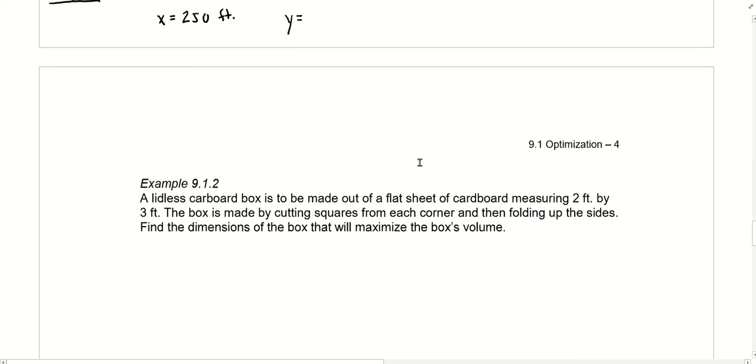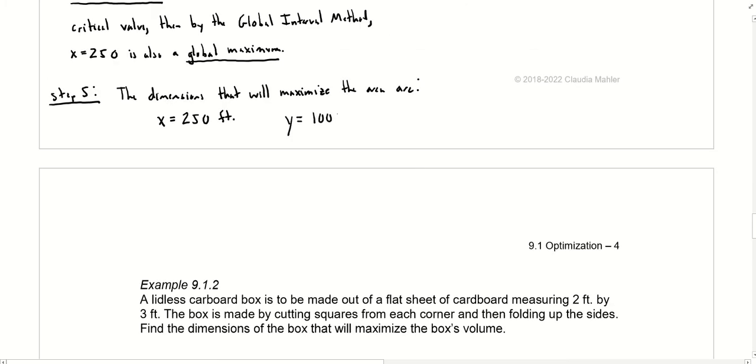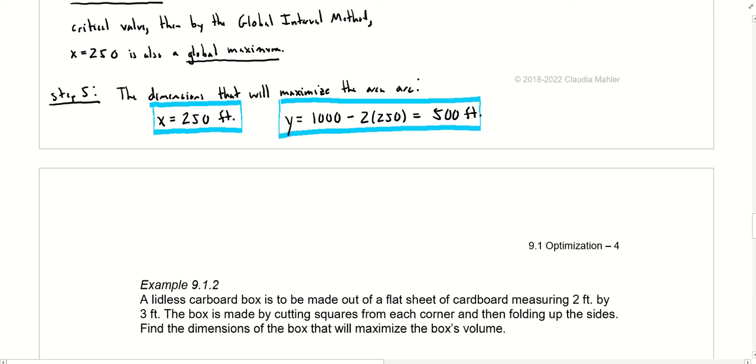So y is given by 1000 minus 2 times my x of 250, which is 1000 minus 500, or 500 feet. So the dimensions that will maximize the area are x equals 250 and y equals 500.